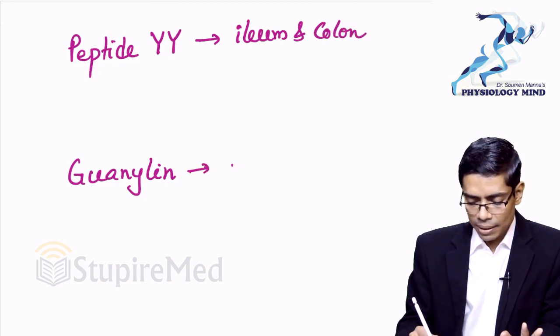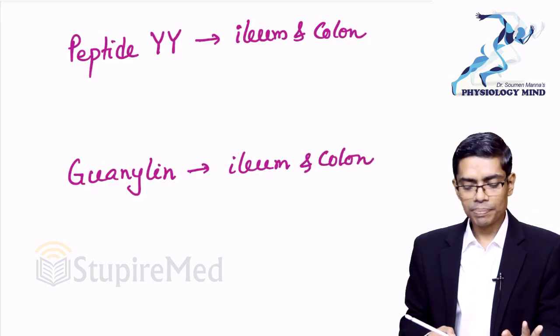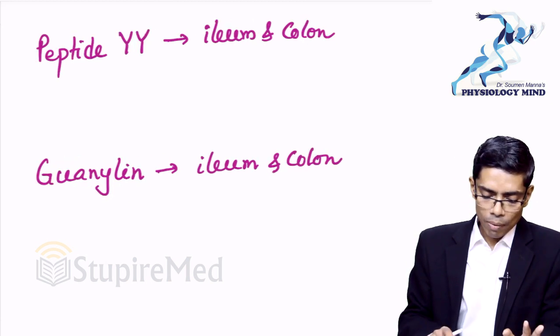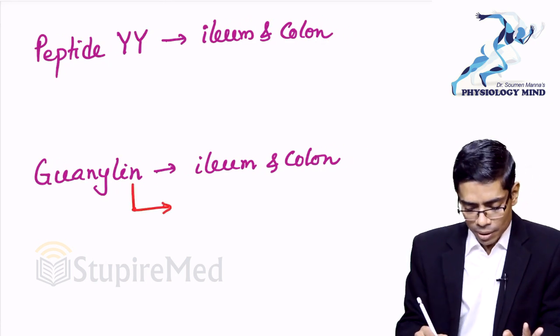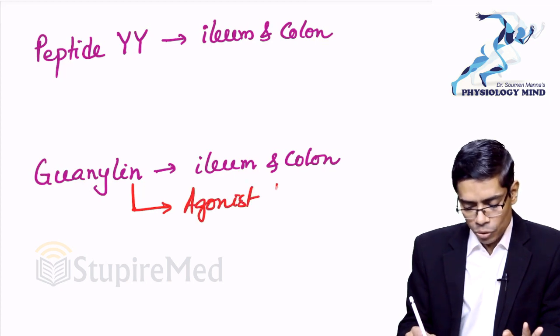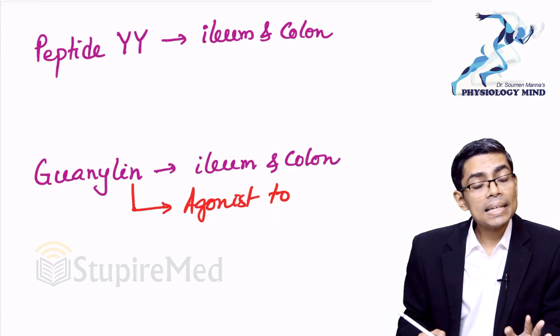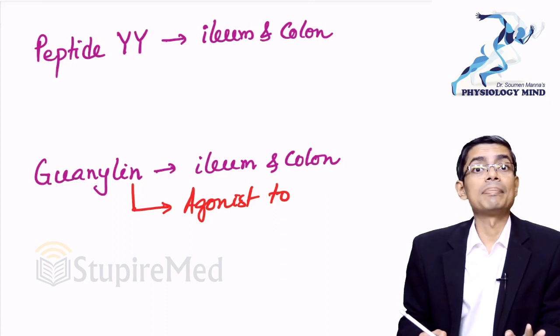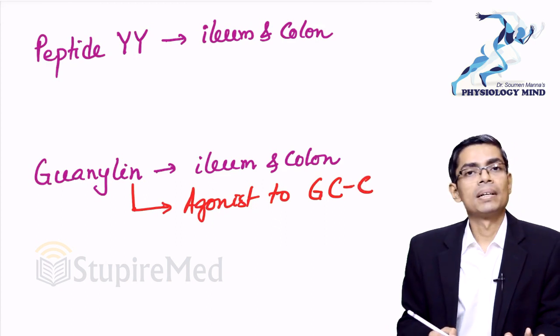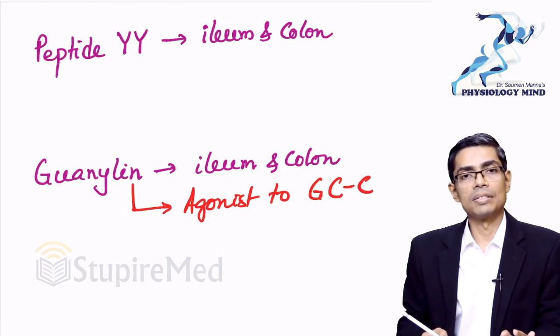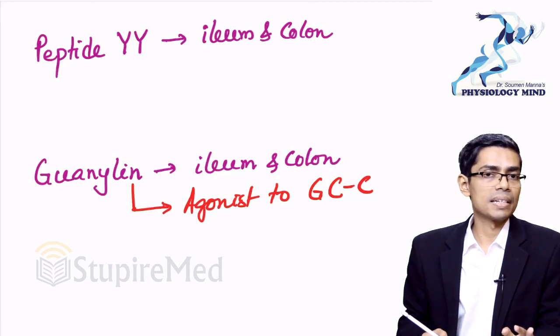Why is the name guanylin? Because this hormone is an agonist to guanylate cyclase C, GCC. That's why the name is guanylin.